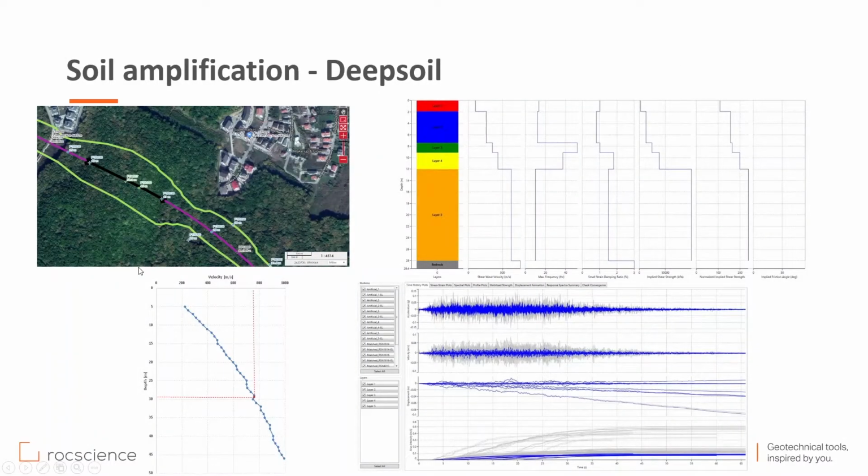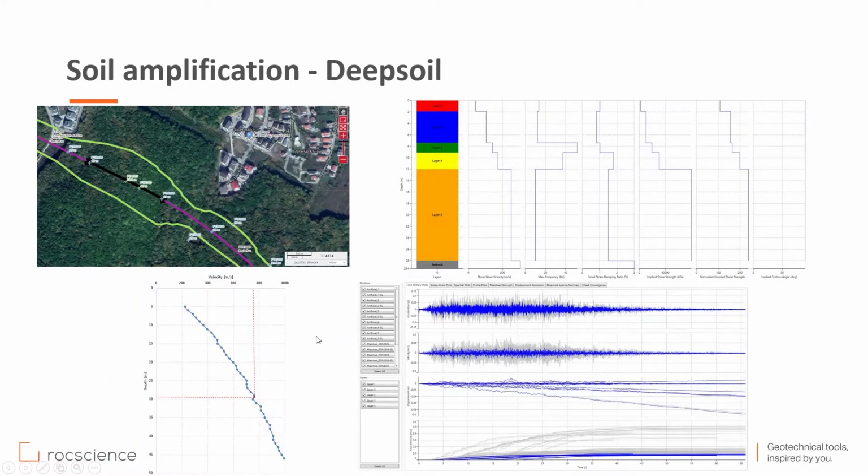And here is the final site amplification result on the tunnel areas. This is beside Cluj city. At every site we had downhole measurements. Here you can see the threshold point. From this depth we have the bedrock, around 30 meters in this case.